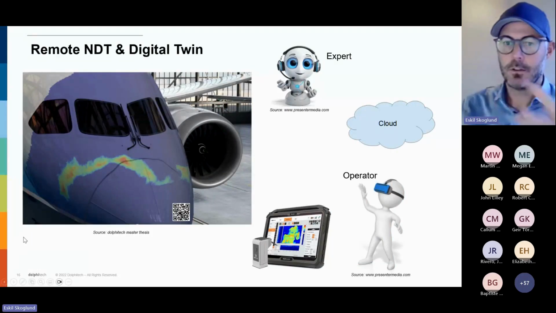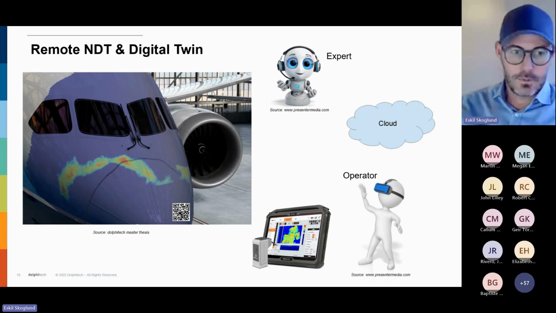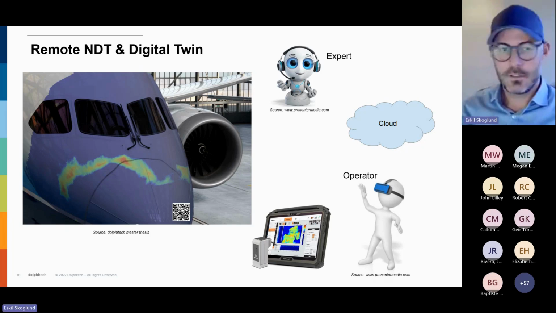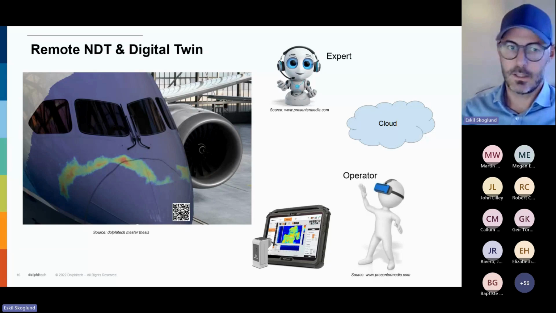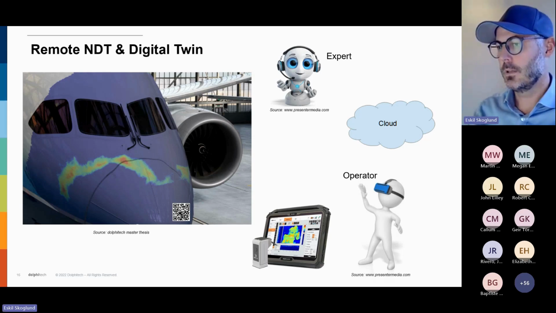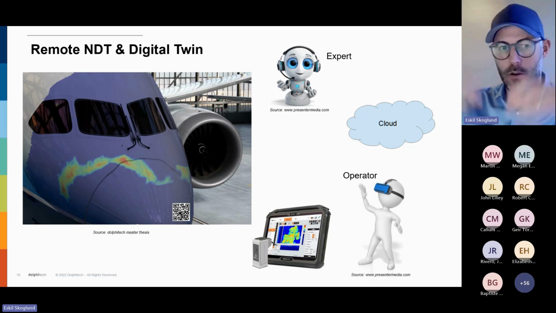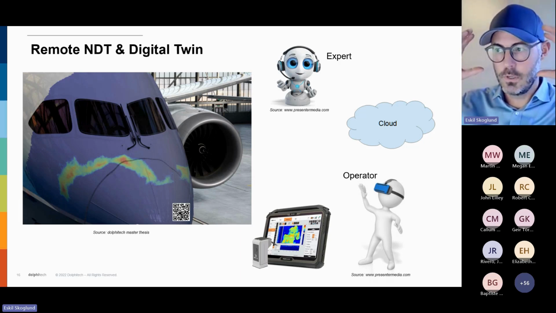So if you add all this together that I just showed you, you can imagine experts around the world, and operators that don't necessarily need to be NDT experts. You get a vehicle or some sort of NDT part that you want to inspect. It could be an aircraft, a windmill, a car, but in this case it's a plane. You can see he scans the plane with a QR code, and then all the history from this aircraft is loaded up.